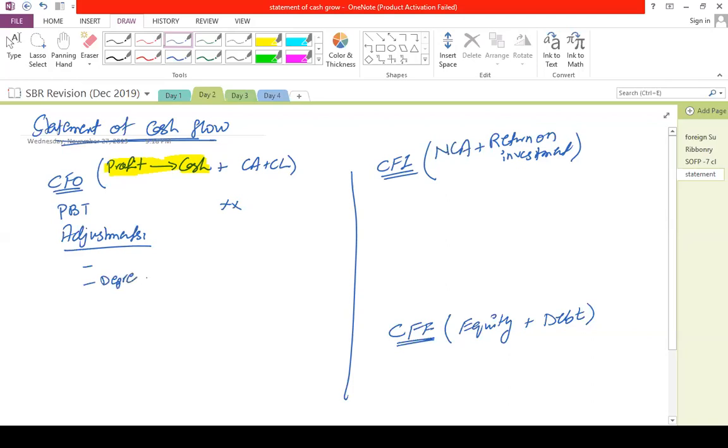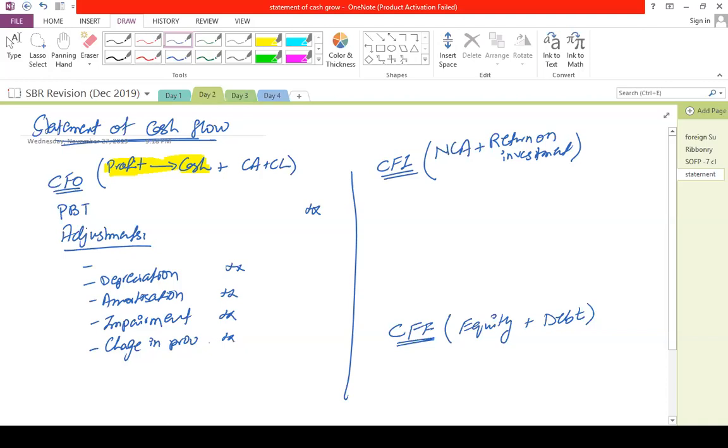Like depreciation is one of the non-cash expenses, we are going to add them back. Yes, amortization, impairment, all these are non-cash expenses which actually reduce our profits, but they are not affecting the cash. Similarly, the change in the provision is also something which is non-cash.